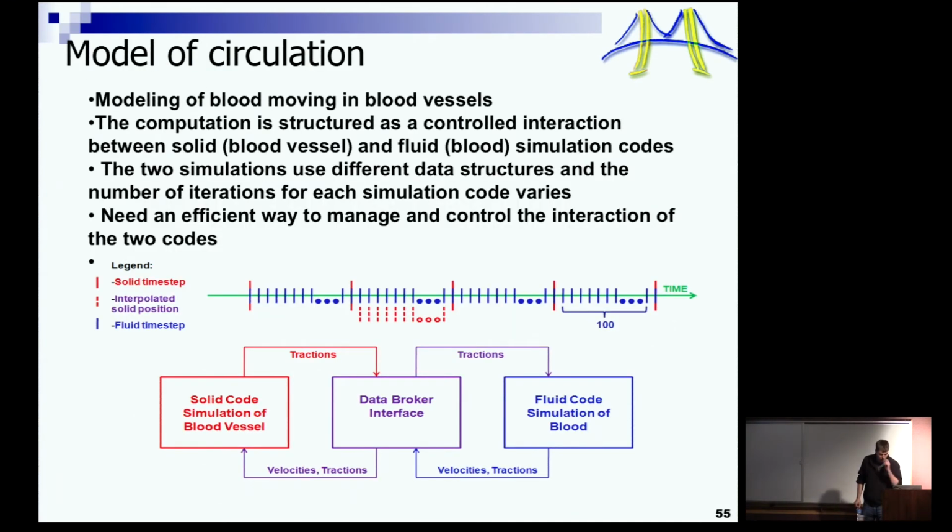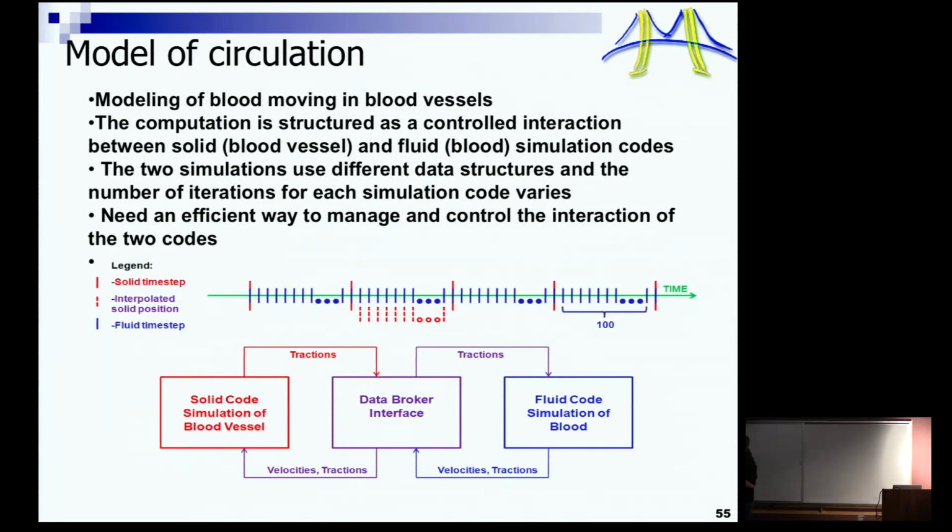There's another, maybe more relevant in this class, a Par Lab application that was modeling the flow of blood through a blood vessel. They had a fluid simulation worrying about blood flow, and a simulation worried about the actual solid blood vessel.